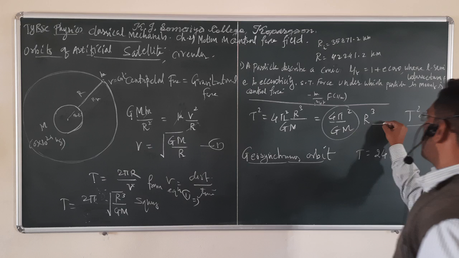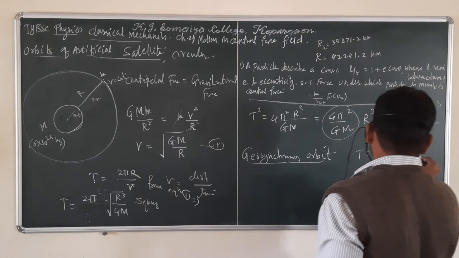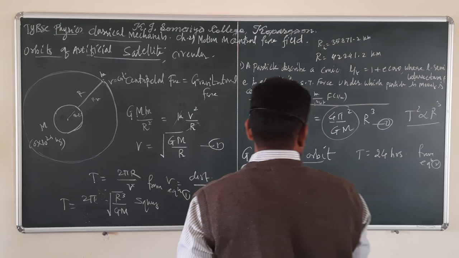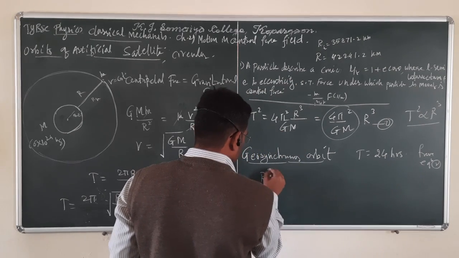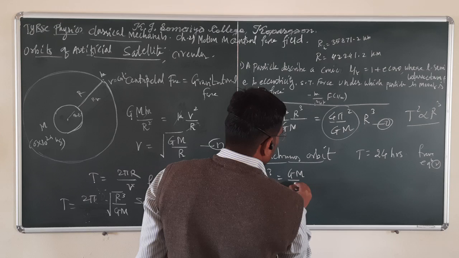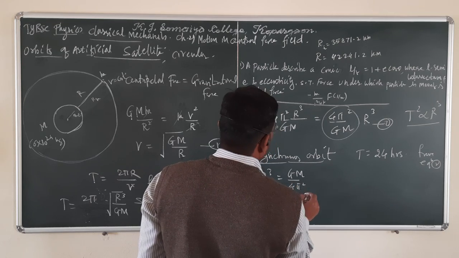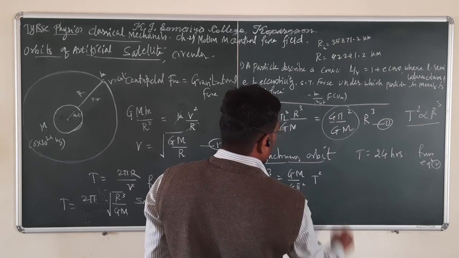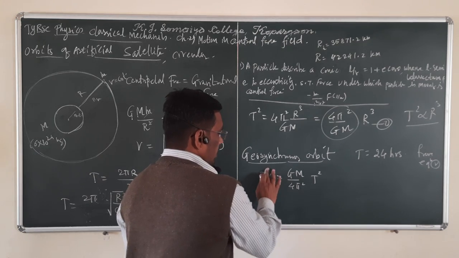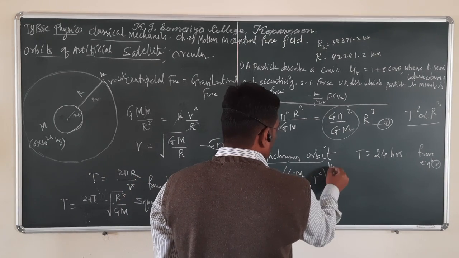Call this equation 2. From equation 2 we can write r cube is equal to capital GM divided by 4 pi square into T square. Now if you take r, that is the cube root of this.